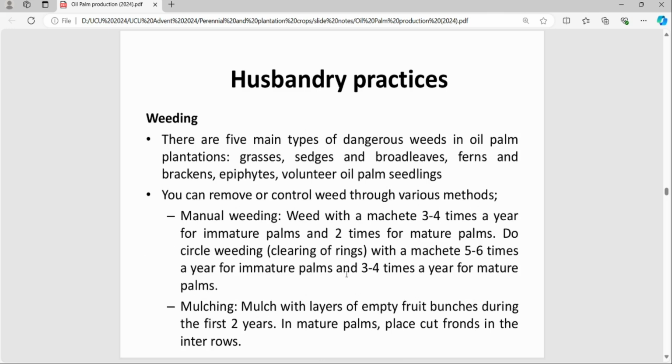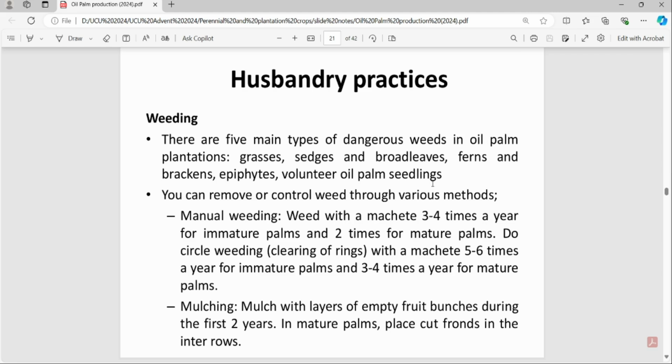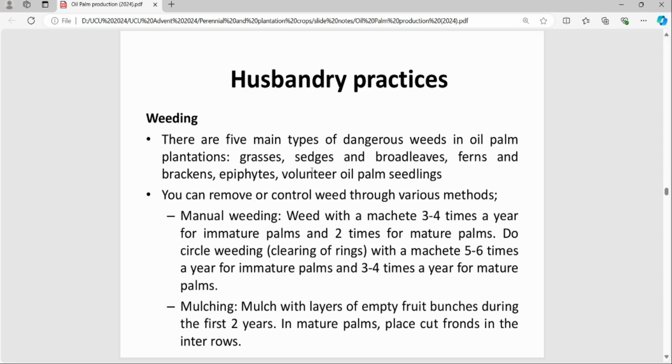Weeding, that I have already talked about, saying that you weed around the plant for areas where you do not want to intercrop. You can use cover crops, but if you're intercropping, then you can do manual weeding to ensure that you do not injure the plants.